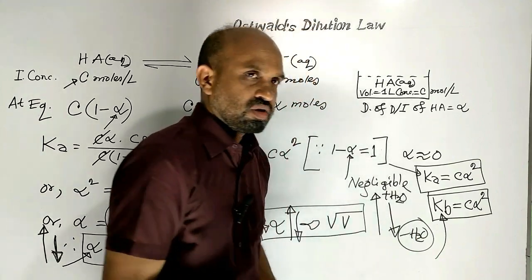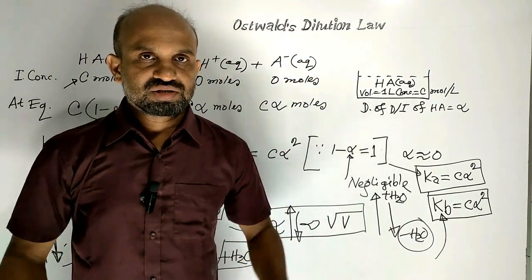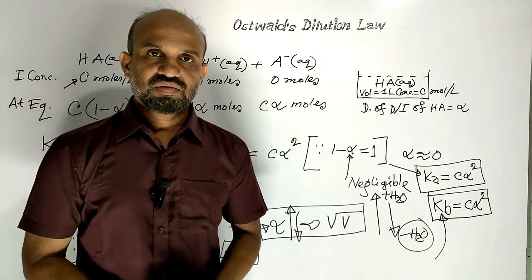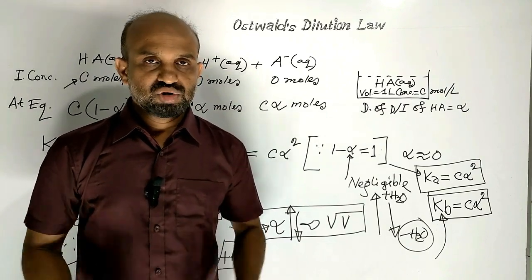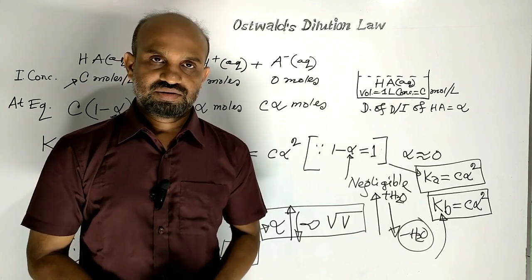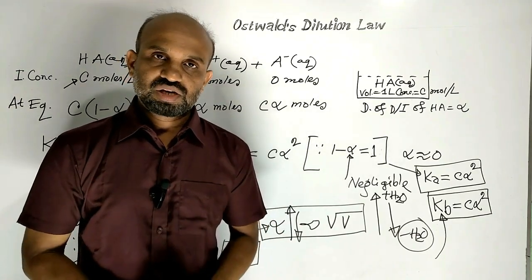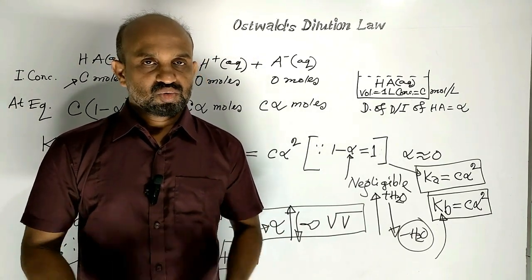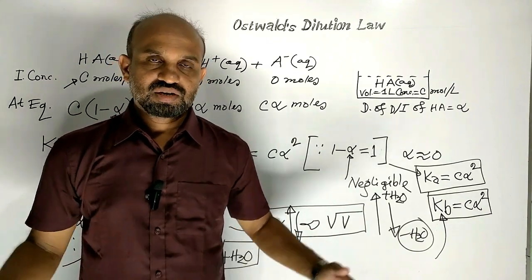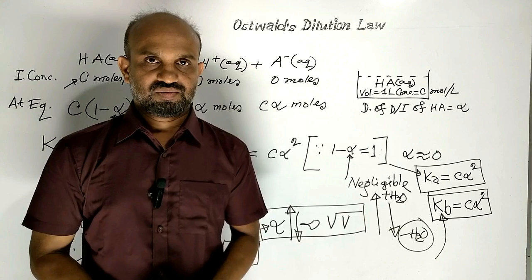So, what is Ostwald's law of dilution? Degree of dissociation increases with the decrease of the concentration by adding water, and decreases with the removal of water, that means with the increase of the concentration.